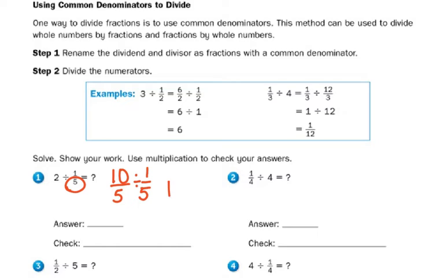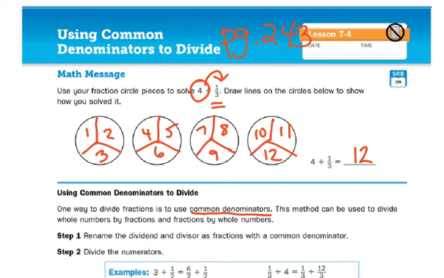Now let's go ahead and take 10 divided by 1 equals 10. So the answer would be 10. Now notice up here, when we did this up on the top, when we took 4, if we were to make that over 3, it would have been 12 thirds.